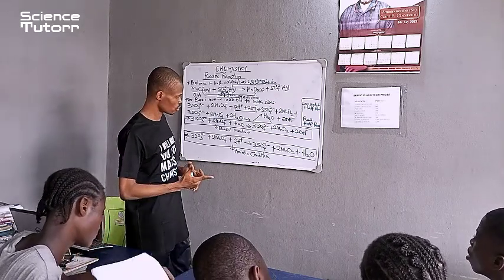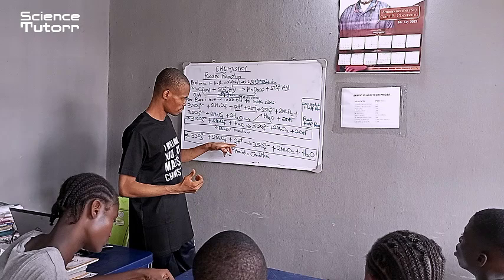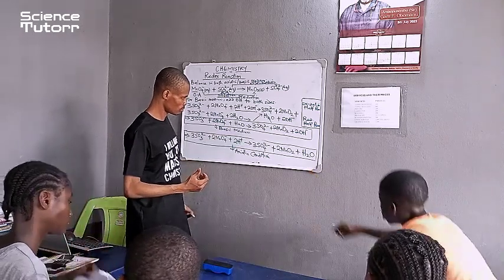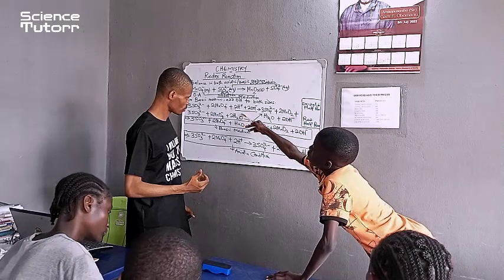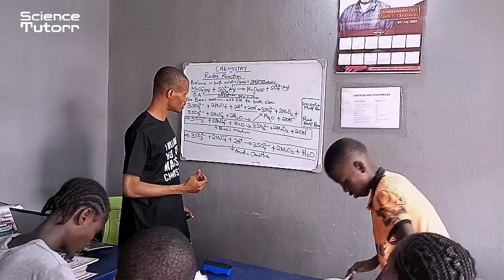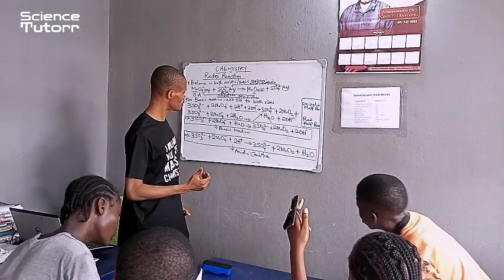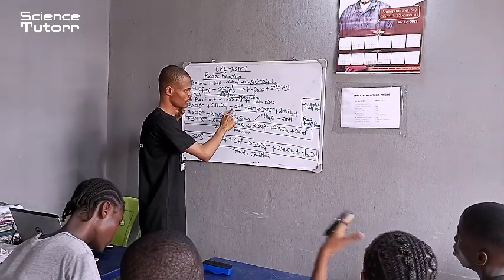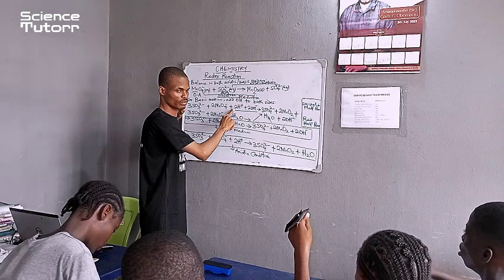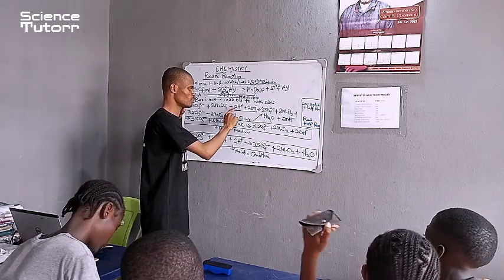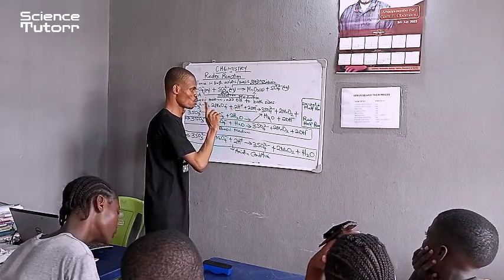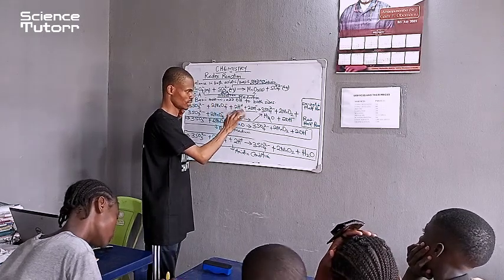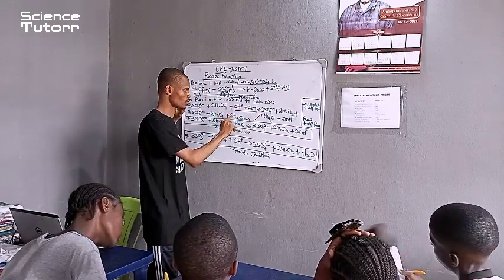Okay, as it's 2H plus 2OH minus. Let's say that two OH minus, you should add this, make it together. You are the same. It's like this neutralization reaction. Just pick one.